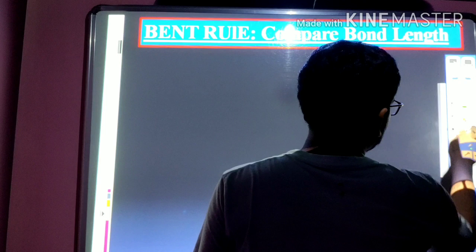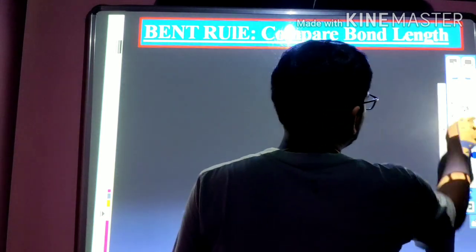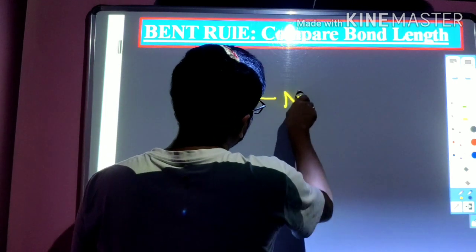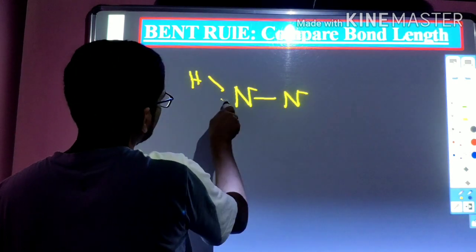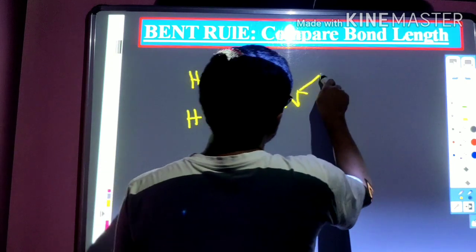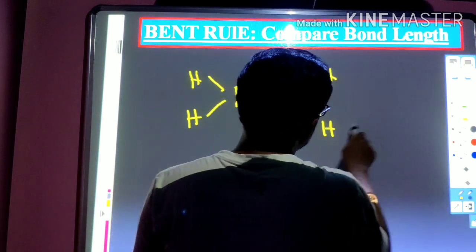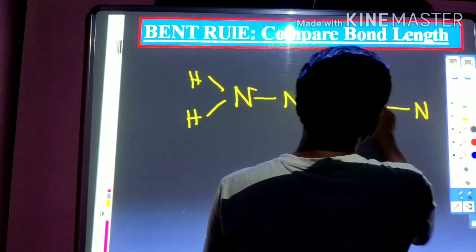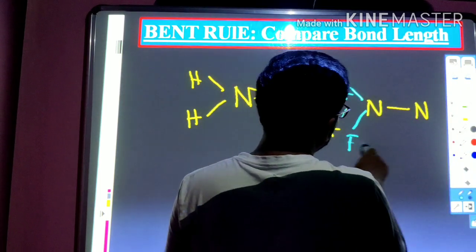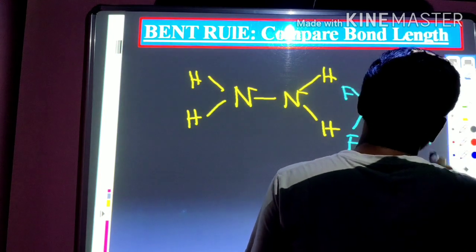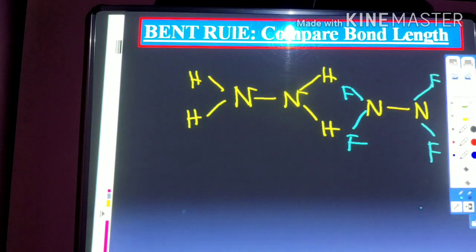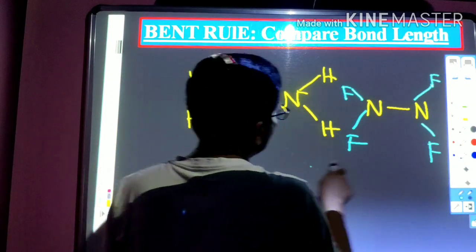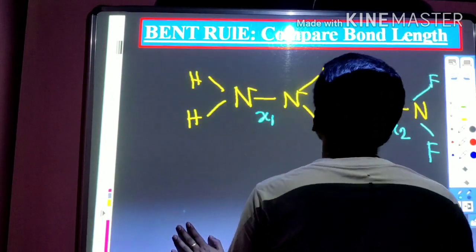I'll do it first, and you can do it next. Write it here: NH4 and NF4. Now, what will be the bond length? If the bond length here is x1 and the bond length here is x2, what will happen?